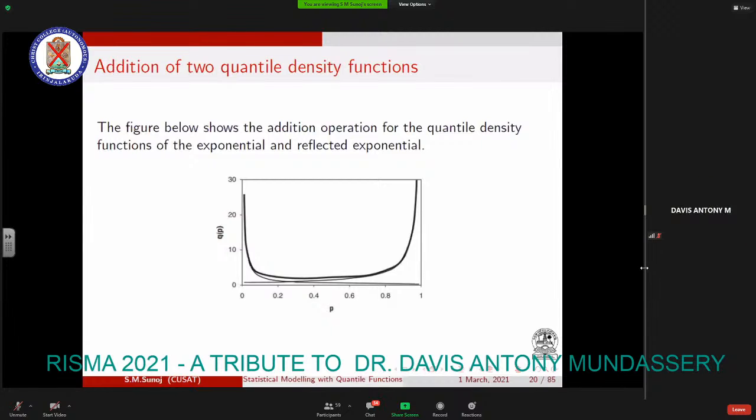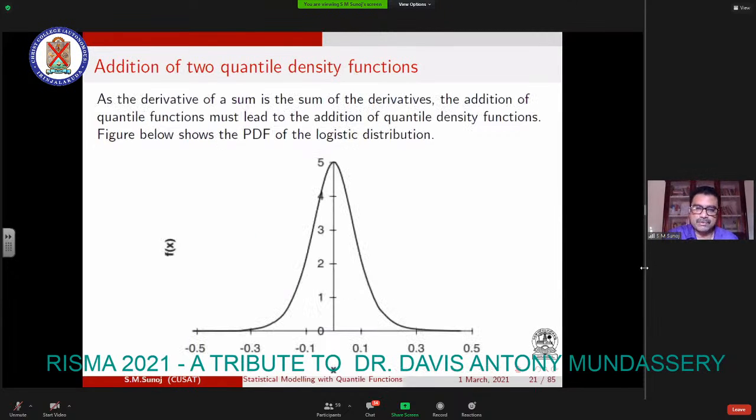So the figure below shows the addition operation for the quantile density function. The previous figure showed the quantile functions of the three models. Now this depicts the quantile density function plot, and it gives us a bathtub shaped curve. This is obtained by the addition of two quantile functions.